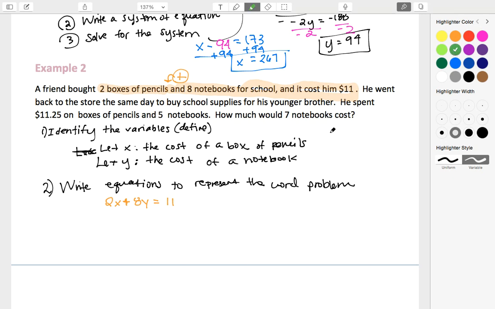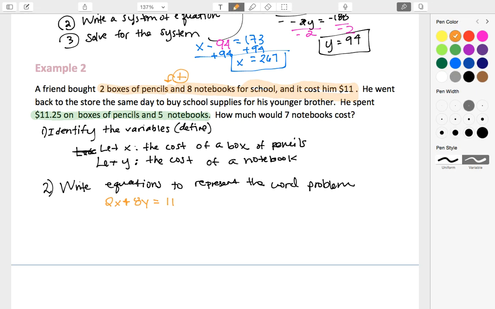Okay, and then do green. And then here it says he went back to the store the same day to buy school supplies for his younger brother. He spent $11.25 on boxes of pencils and 5 notebooks. How much would 7 notebooks cost? Okay, so then here, how we write this one is he spent... Oh, there is a typo.